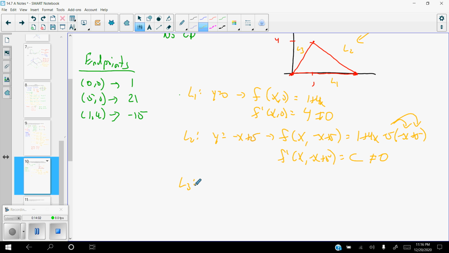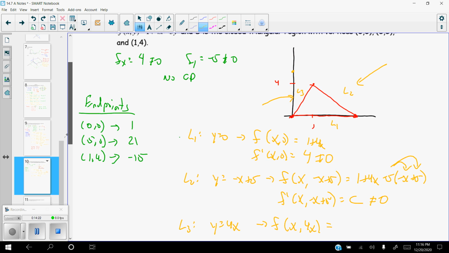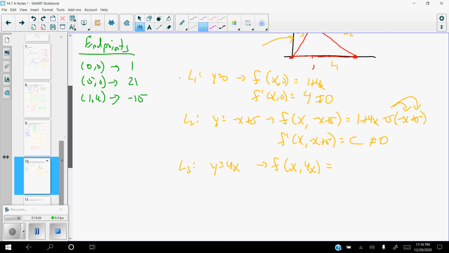is going to be this equation right here, which looks like it is a slope of, what is that, up 4, right 1. So slope of 4, y-intercept of 0. So it's y equals 4x. So that means we're going to have a function of (x, 4x), which if we plug that back in, we're going to get 1 plus 4x minus 20x.